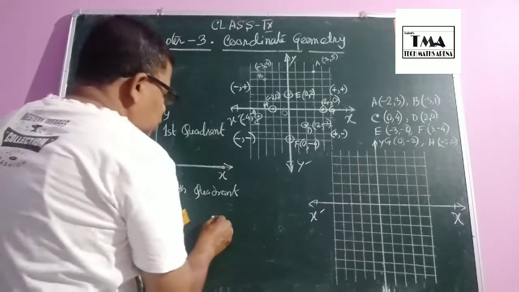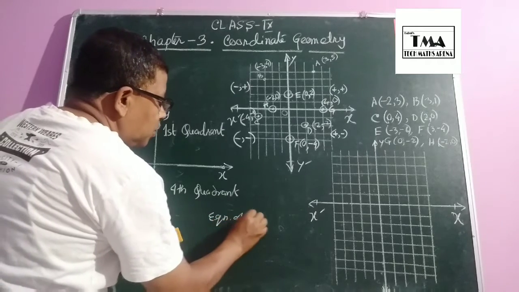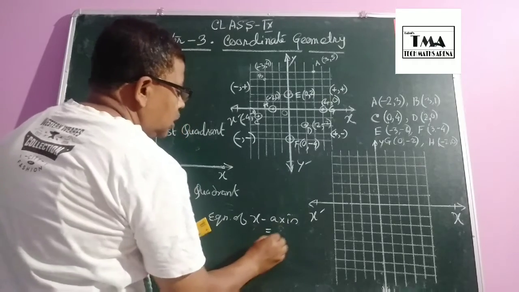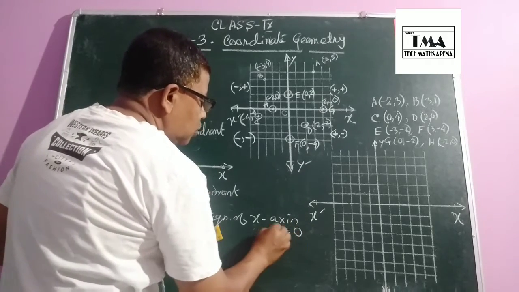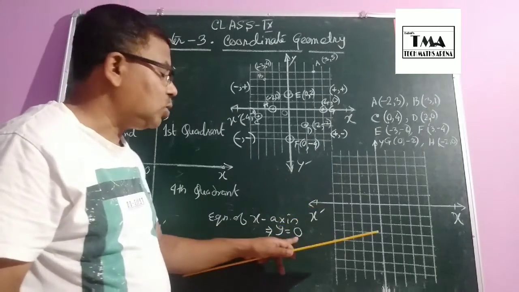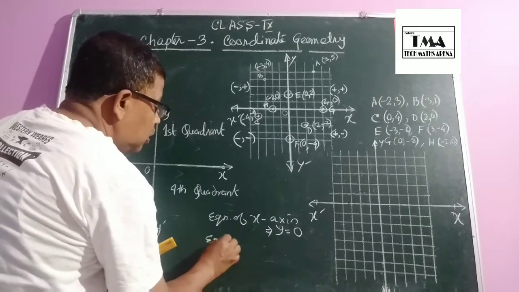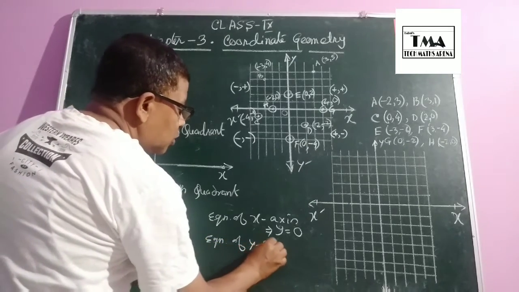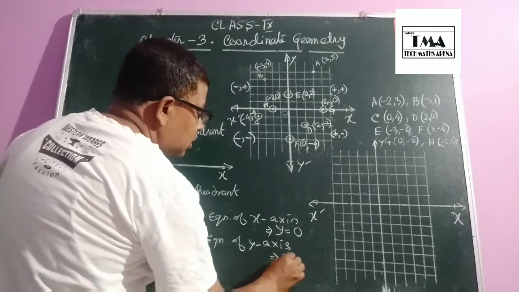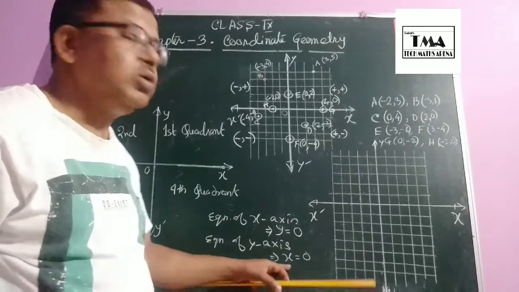So you will get that the equation of the x-axis is y equal to 0, because on the x-axis y is always 0. Similarly, the equation of the y-axis is x equal to 0, because on the y-axis x is always 0.